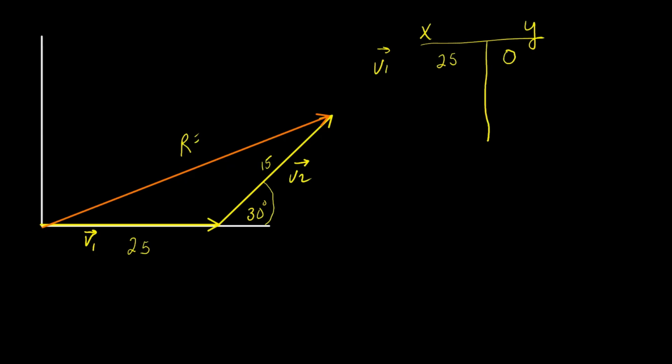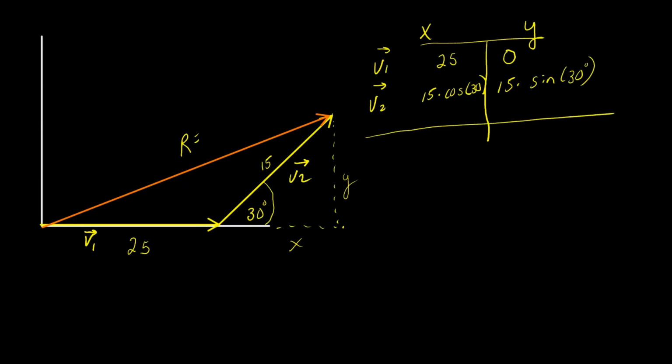Okay, this second vector, I would suggest doing a right triangle with an X and a Y. I know that the X portion of this will be 15 times the cosine of 30 degrees. And I know the Y will be 15 times the sine of 30 degrees.